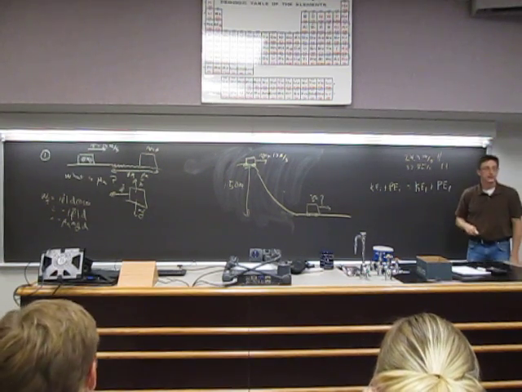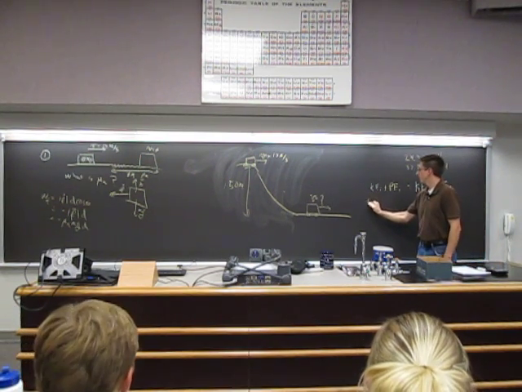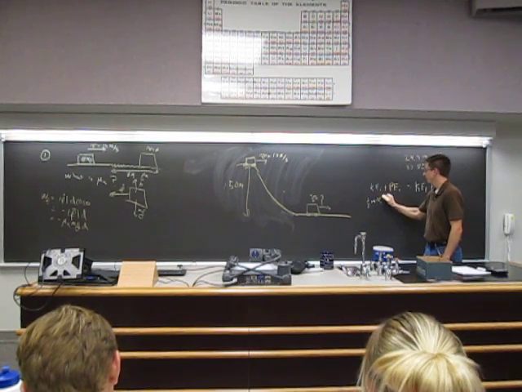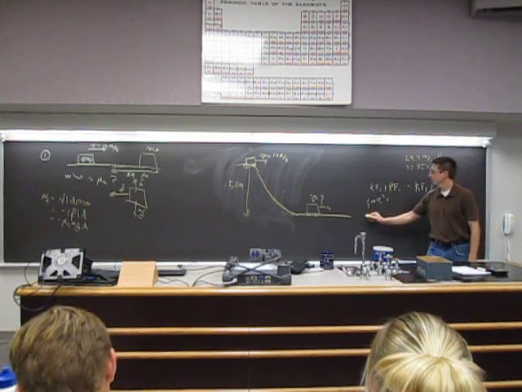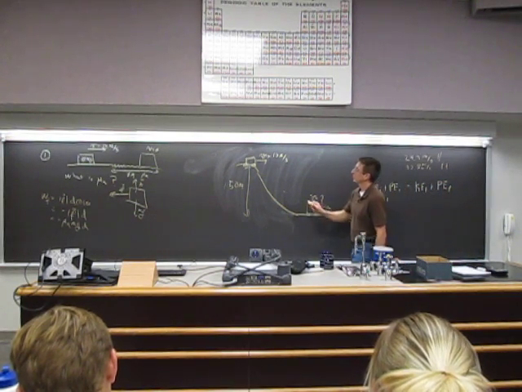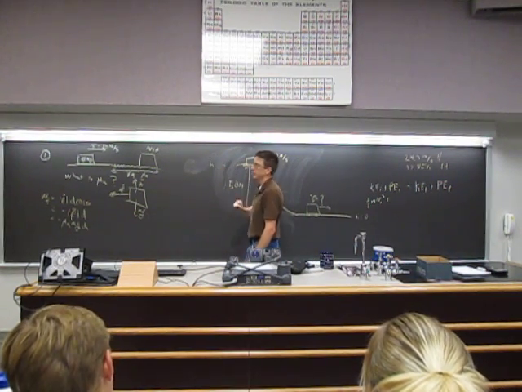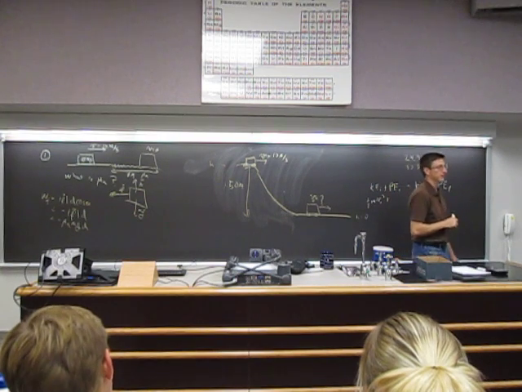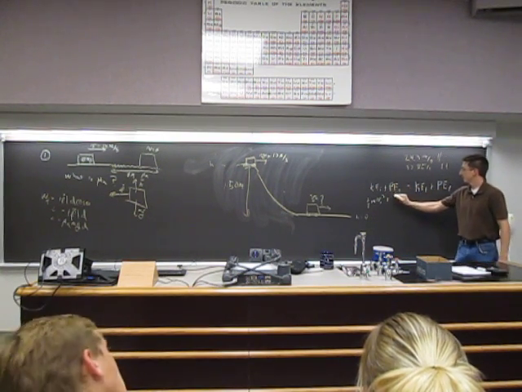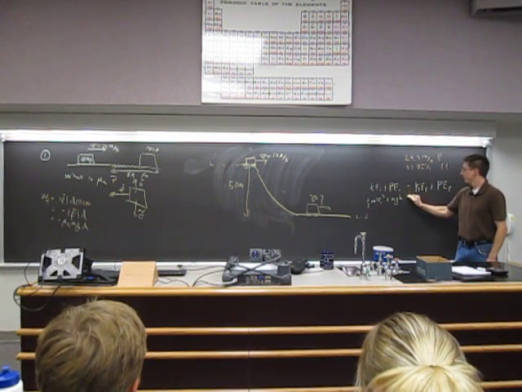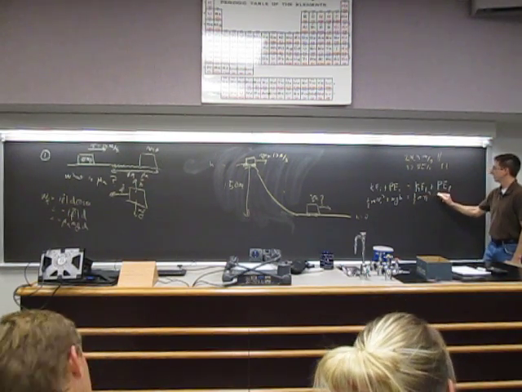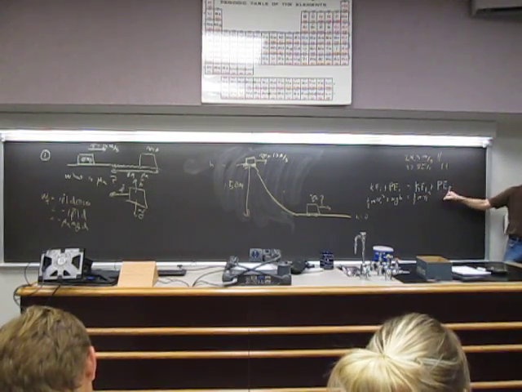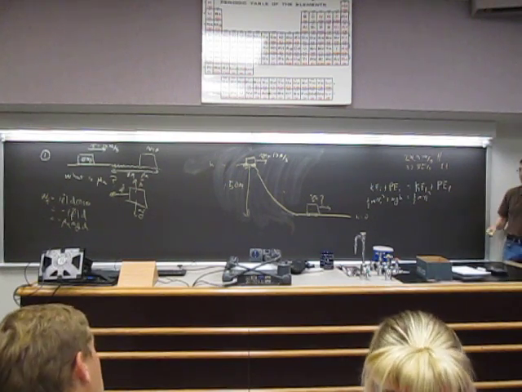The initial kinetic energy is 1/2 m v initial squared. The initial potential energy, I'm going to call this h equals 0 here, and I'm going to call this just h, which I'll plug in 50 meters at the end, is mgh. That'd be 1/2 m v final squared, and then it's at 0 height, so 0 potential energy at the end.